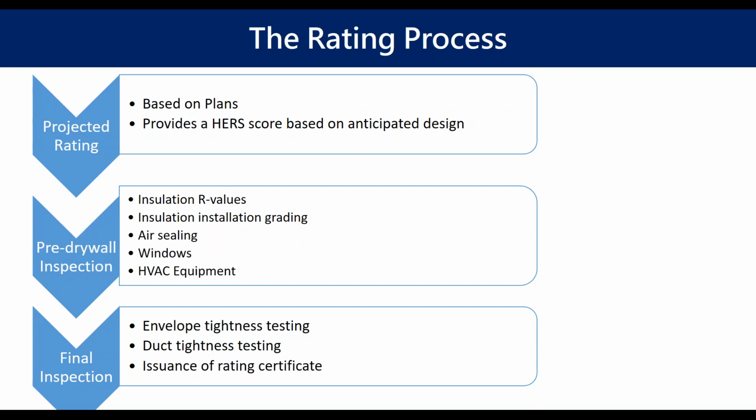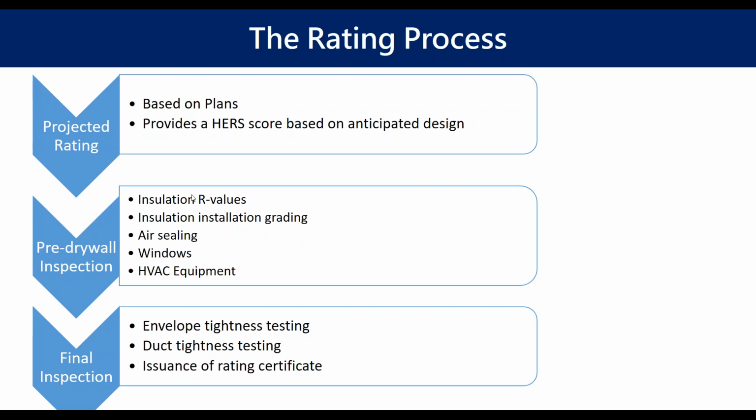During the final inspection, the envelope tightness testing is done, the duct tightness testing is completed, and then there's the issuance of the rating certificate. And that's where it should say that it's a confirmed rating. Because if there are any differences in the final inspection, the rater is going to make some estimate of what he believes the duct and envelope leakage will be for that particular home, usually based on the fact that he's worked with that builder before and knows about what they can expect to hit.